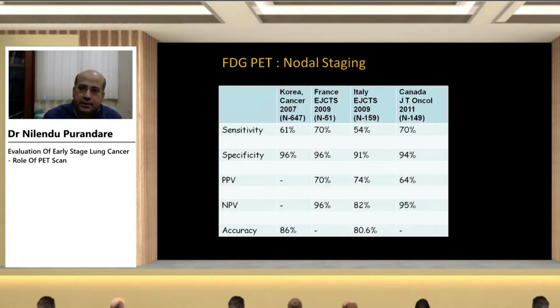This is the data across Asia as well as Europe and Western countries where PET has been used for nodal staging of lung cancer. You can see that across all these countries, the negative predictive value of PET for mediastinal nodal staging is very high. But if you look at the positive predictive value, it's a little bit less than the negative predictive value.